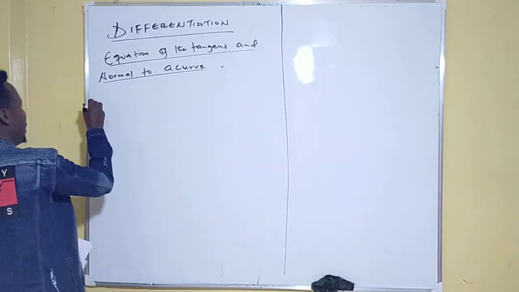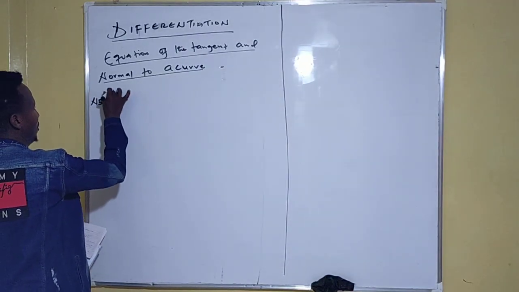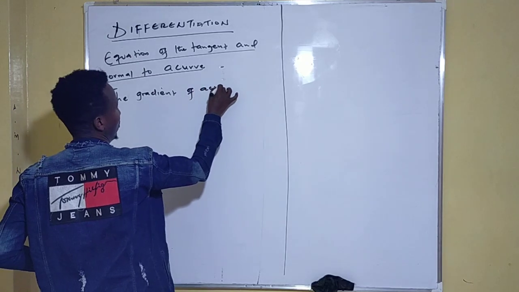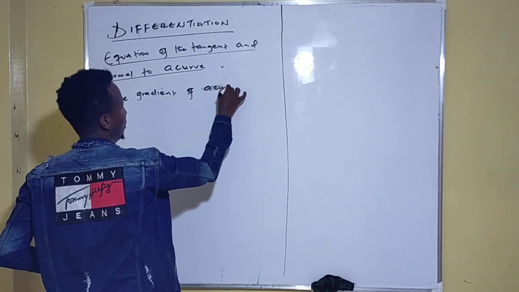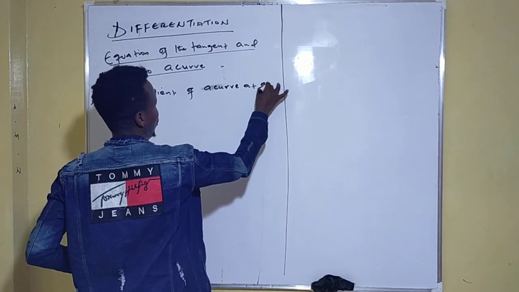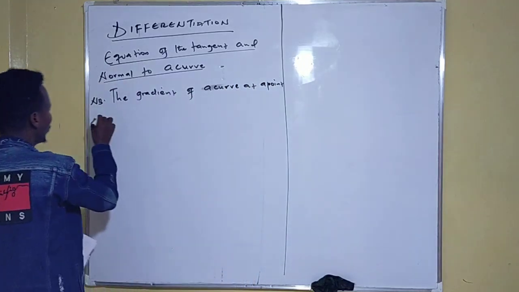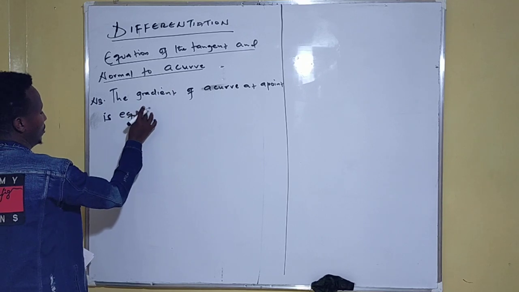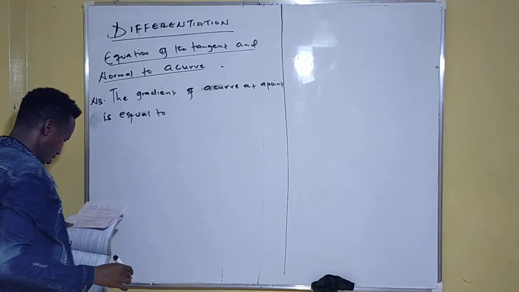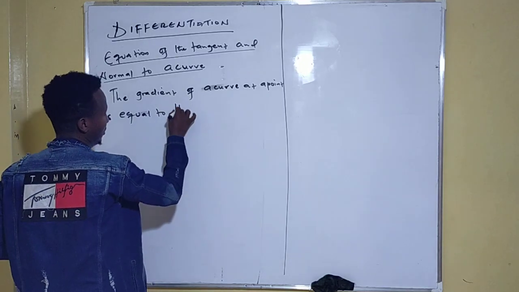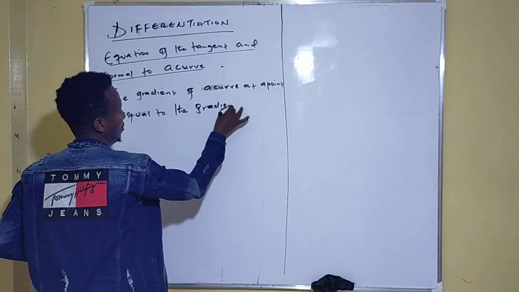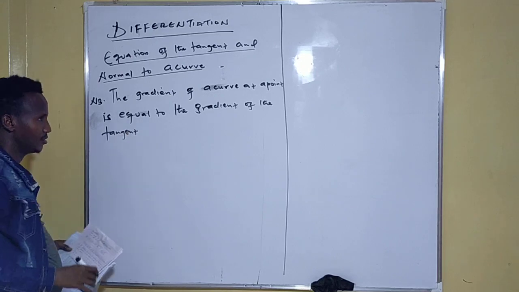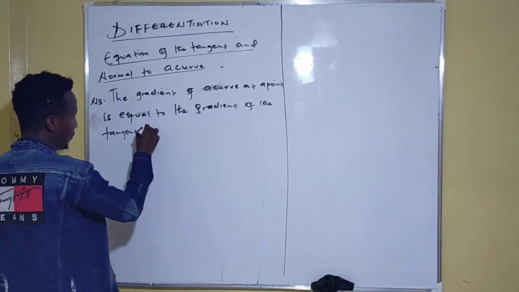Let me write: the gradient of a curve at a point is equal to the gradient of the tangent at that point, to the curve at that point.